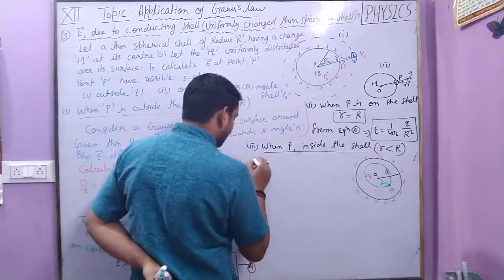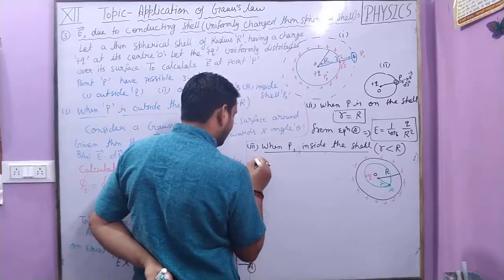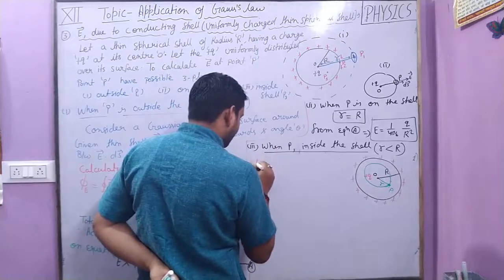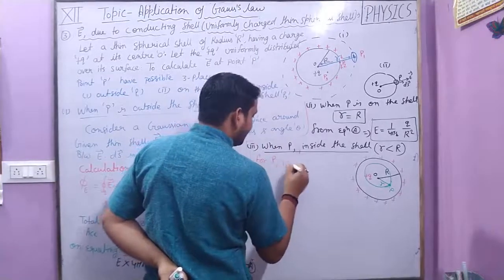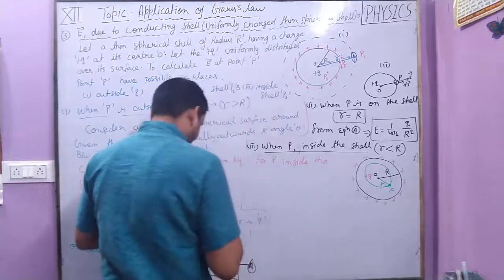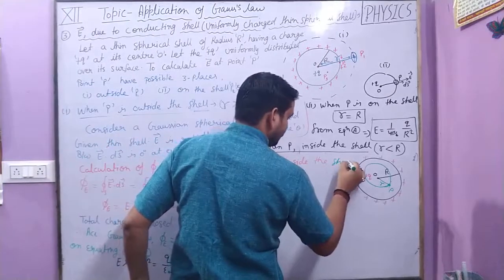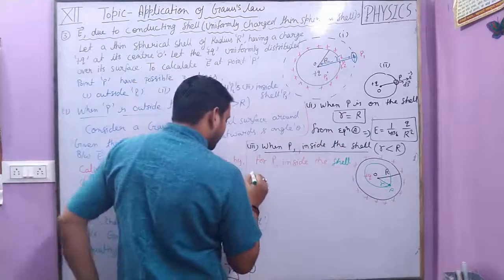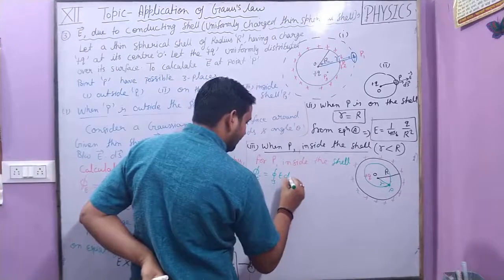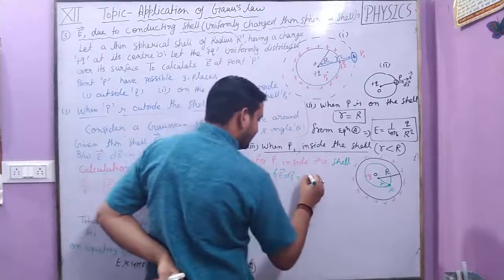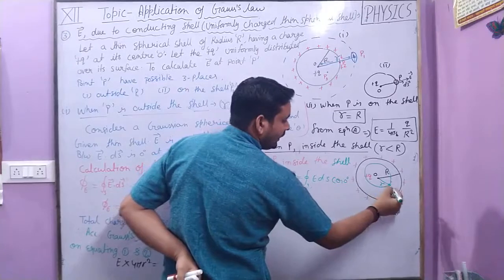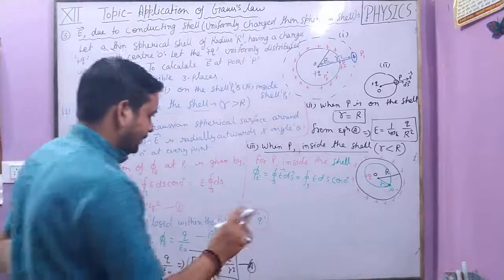Now for P inside the cell, electric flux phi E is equal to closed integral of E dot ds, which is closed integral of E ds cos 0 degree, because radially outward, so theta is 0.